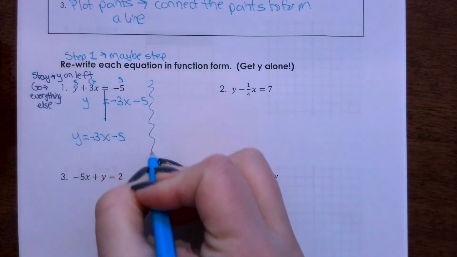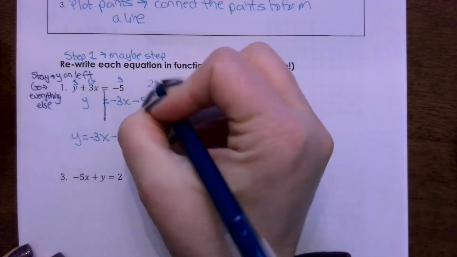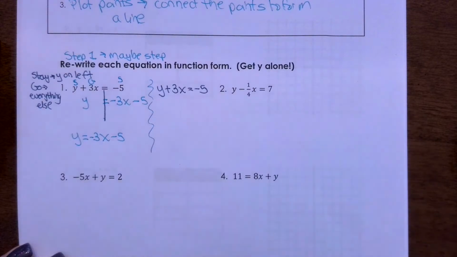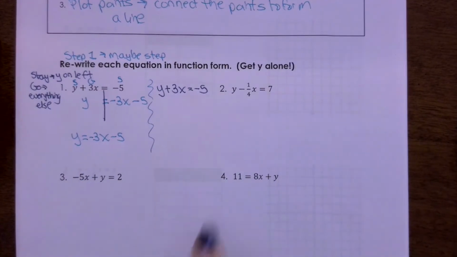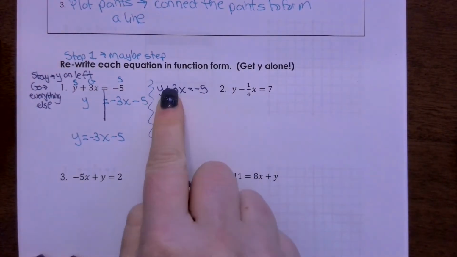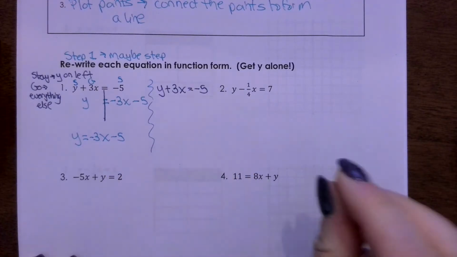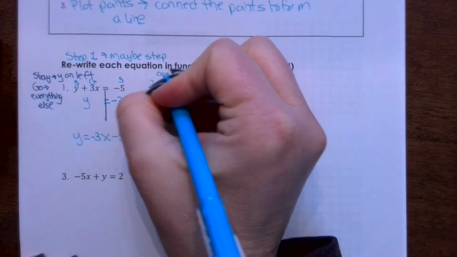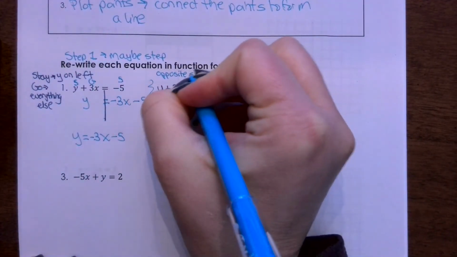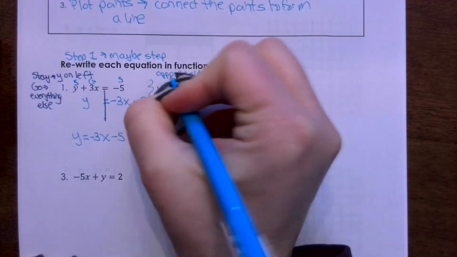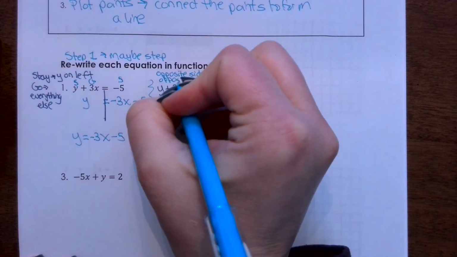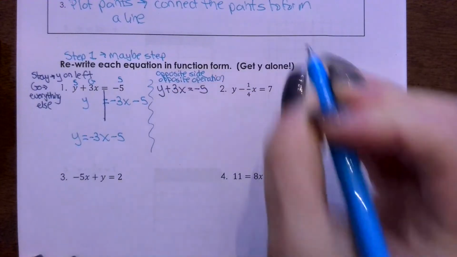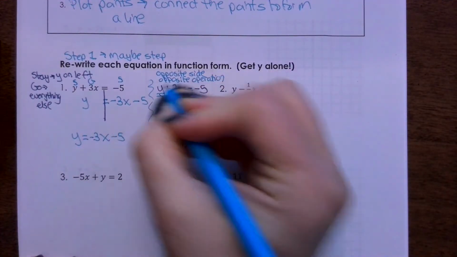Now let's say you don't want to use stay and go. You just want to think about the idea of inverse operations. I can always move something to the opposite side by using the opposite operation. So in this case, again, I want to get this y by itself.